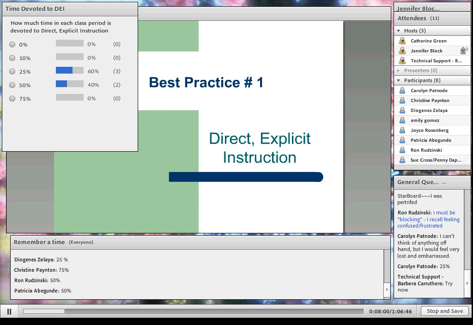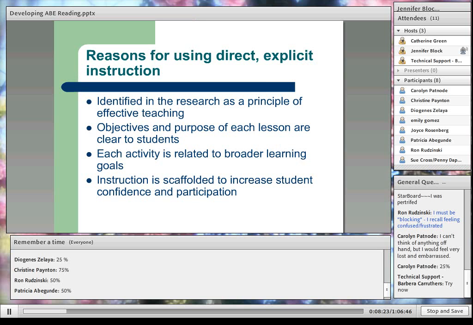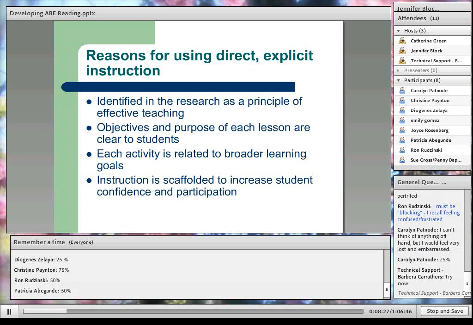Some are spending as much as 50%, and I think that's a good measure. All right, we're going to close the poll right now unless anybody has more to add. So this is reflecting on our current practice, and that's a good thing. We're going to put that away. We're going to look at the reasons for using direct explicit instruction.